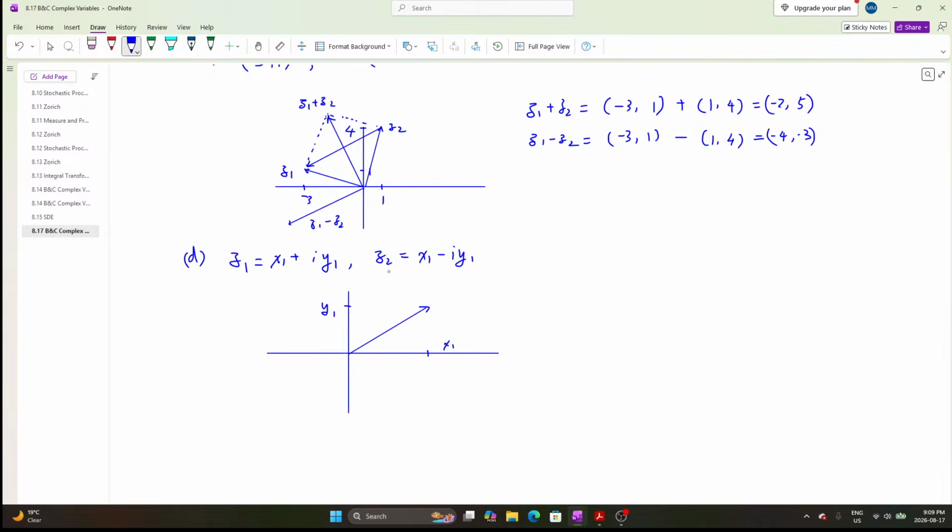Okay, and Z2 is x1 minus iy1, so it's just a reflection across the x-axis, minus y1 right here. So this is Z1 and this is Z2. Okay, so the sum of Z1 and Z2 is exactly 2x1.